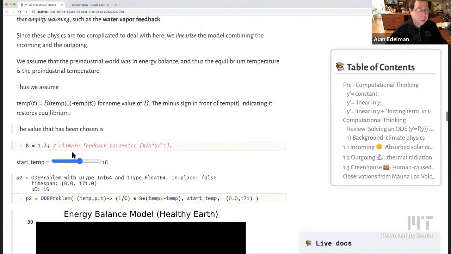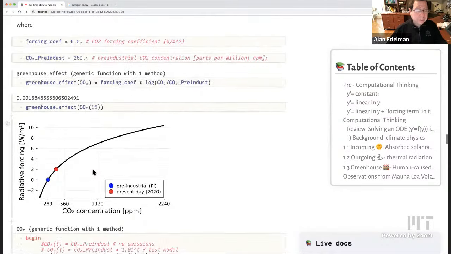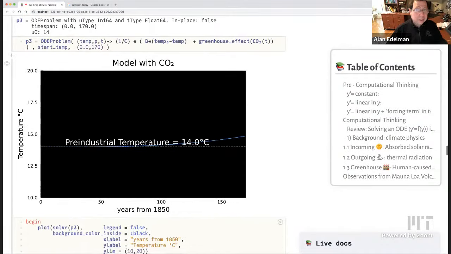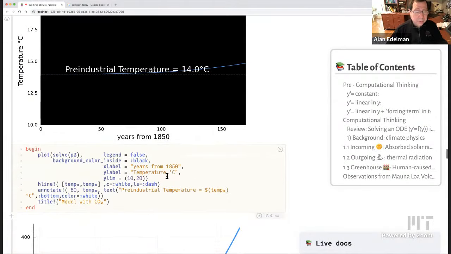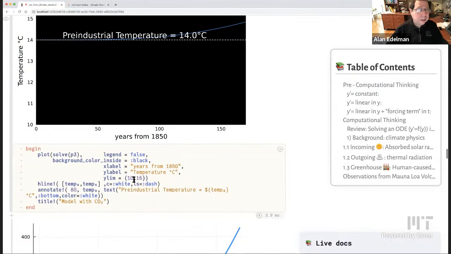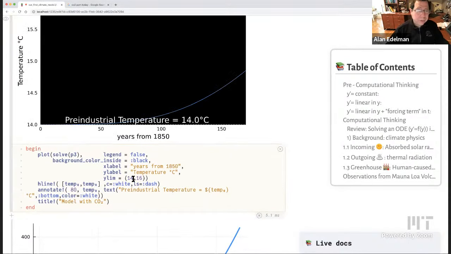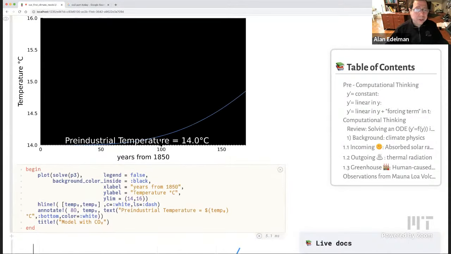Yeah, the start. Let's make this be the pre-industrial number at 14 approximately, and then you can see the Earth's temperature moving up over here. Let's plot it a little bit more visibly. Yeah, so you can see this moving.